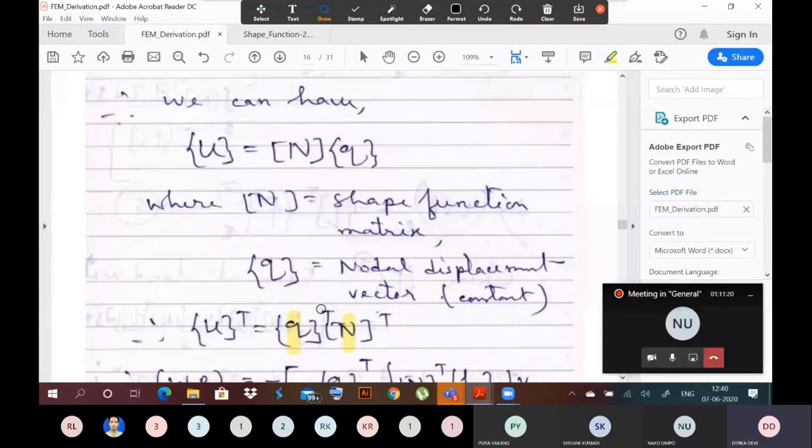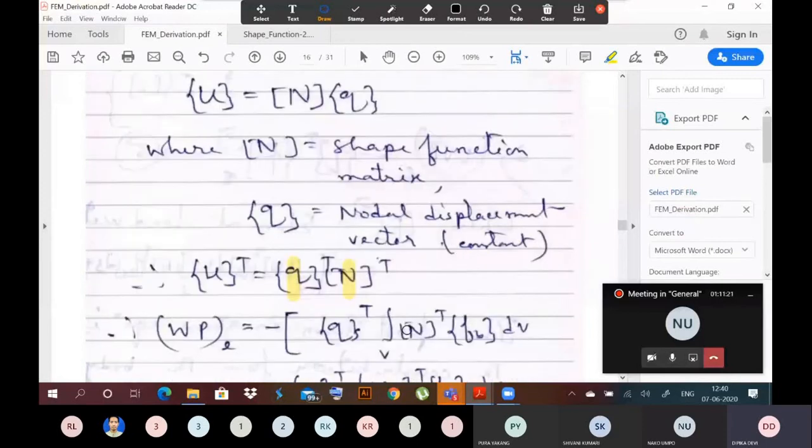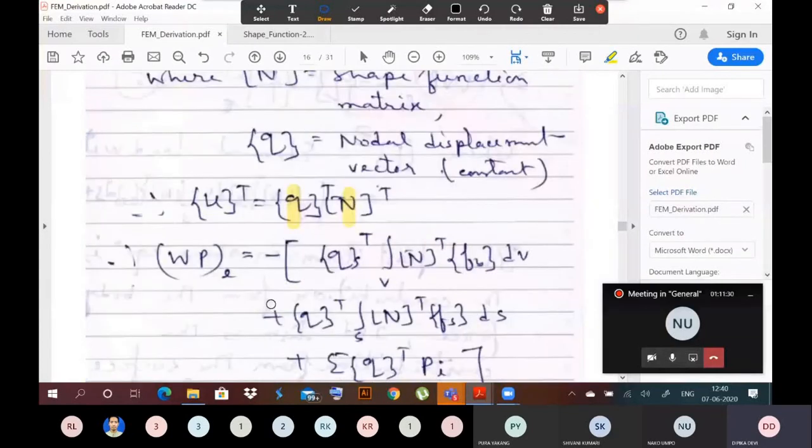So therefore they can be taken out of the integration. So we have replaced U transpose by Q transpose N transpose, and we have taken this Q transpose out of this integration. So ultimately work potential can be written like this, and this ui can be directly written as Q, because I already told you wherever there will be point load, it will act at the node.